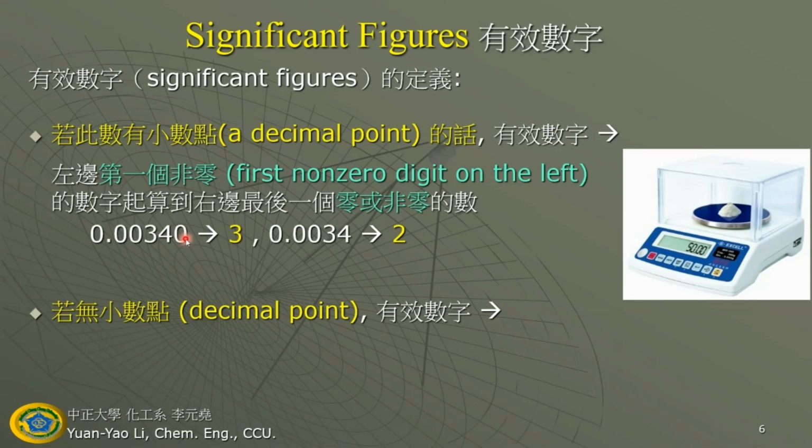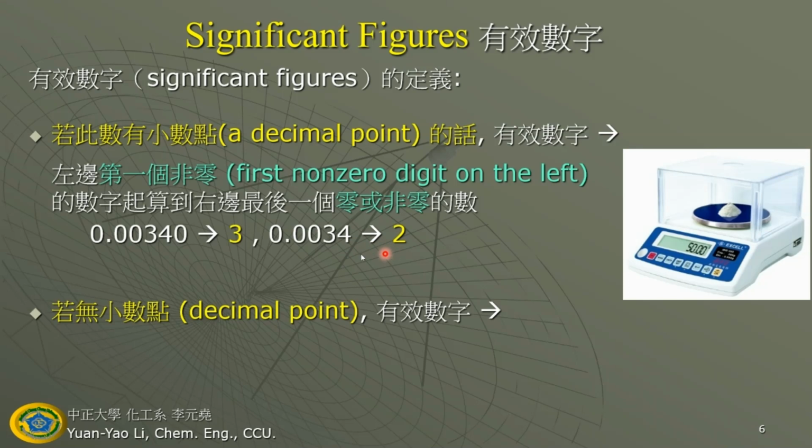Yes, you can. This is 3, right? Because this is the last one, which is 0 or non-zero, so you can count this. So the significant figure is 3. Okay? How about this one? You count from this, skip, skip, skip. 1, 2. So what does it tell you? Significant figure is 2.